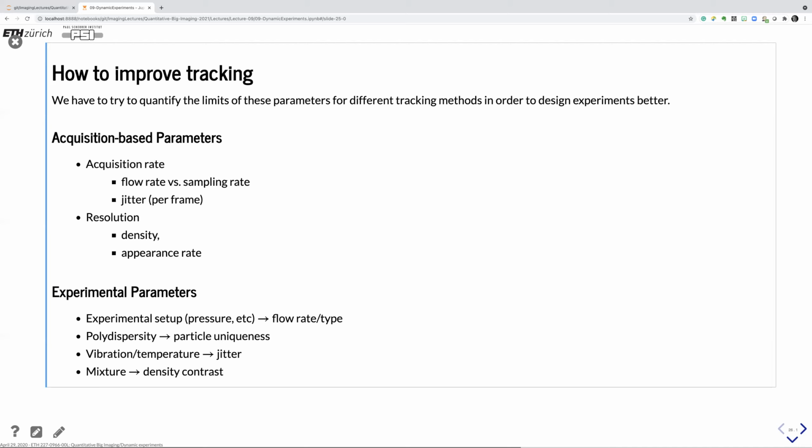Vibration or temperature changes will introduce the jitter, which we maybe also don't want. And also which kind of mixture we have between different objects in the sample, or what kind of densities we have available within this object.